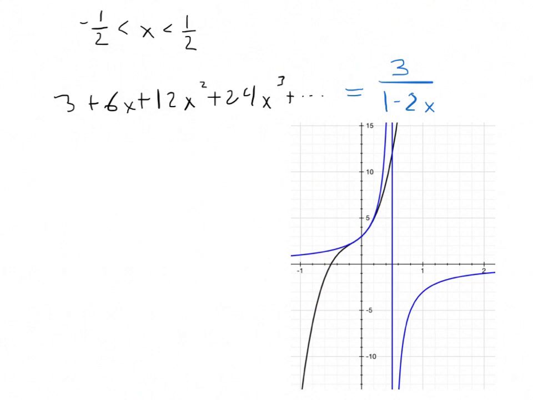And if you're interested, I'd recommend getting out a graphing calculator and putting on the 4th degree term, the 5th degree term, the 6th, 7th, 8th degree terms. The more terms you add on, the better this is going to get, to the point that it's perfect between negative 1/2 and positive 1/2, and a complete failure everywhere else. But on that interval of convergence, it does an awesome job.